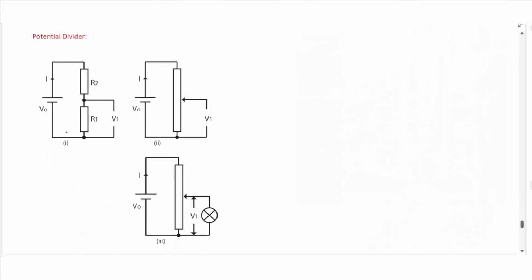Now, if you have resistors connected in series or you have a variable resistor connected like this, we call this a potential divider, where the resistance is directly proportional to the voltage. The larger resistance gets the larger voltage. If a resistance increases, its voltage increases and the rest of the voltage decreases.